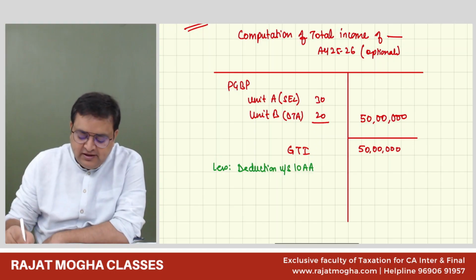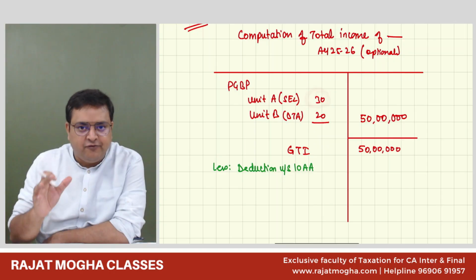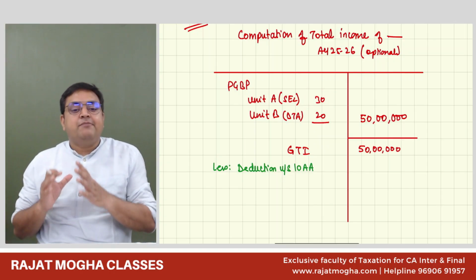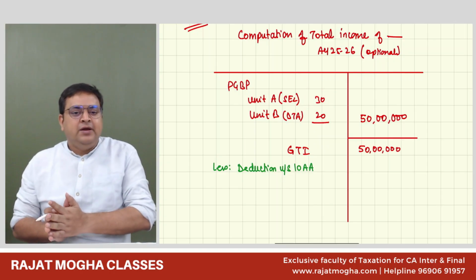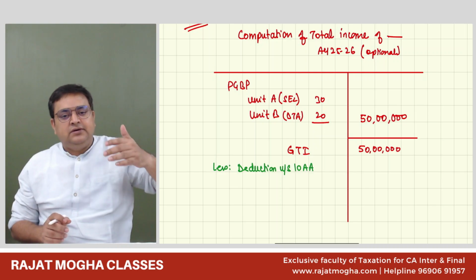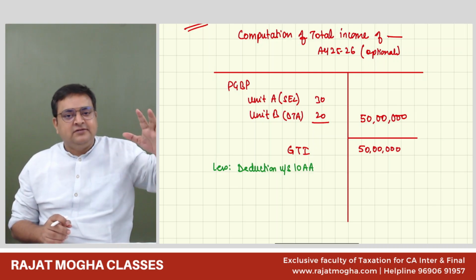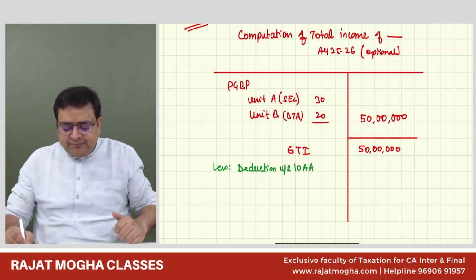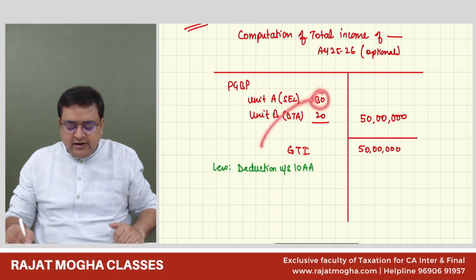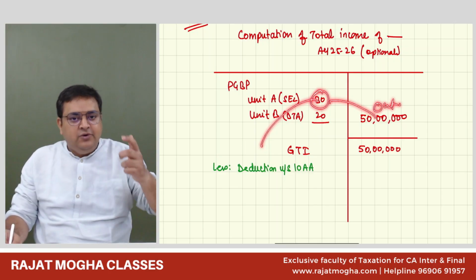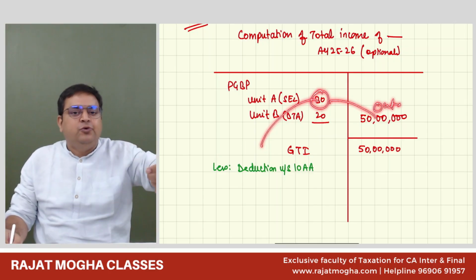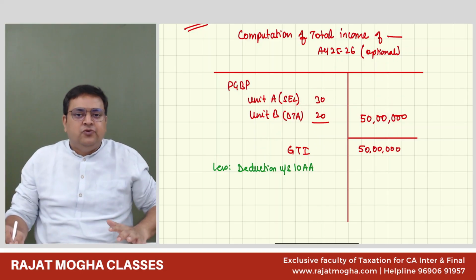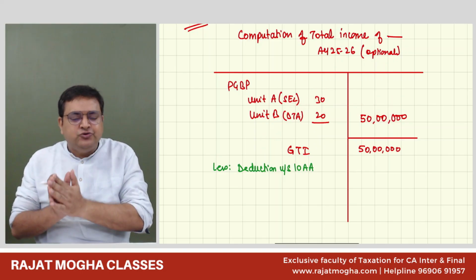So we have to see that when we made this 30 lakh profit, whether we sold these goods or services within India or outside India. If this profit comprises both within India and outside India, the deduction would be only for the profit you have earned from export, that is, from outside India. So how will we do it? We will proportion the sales.